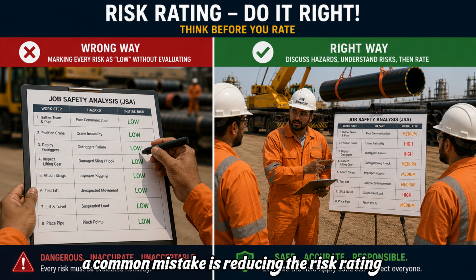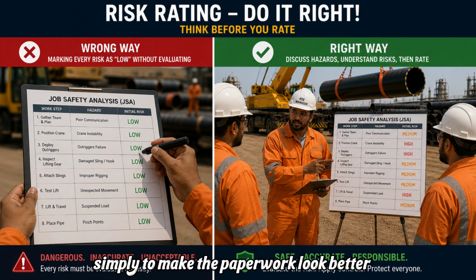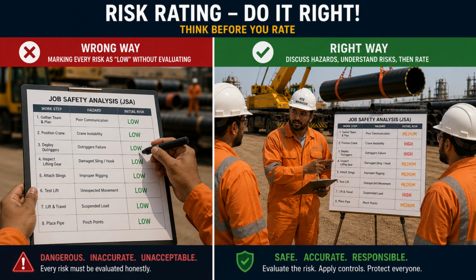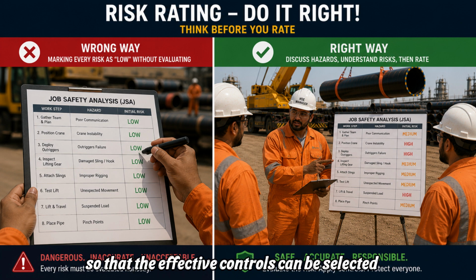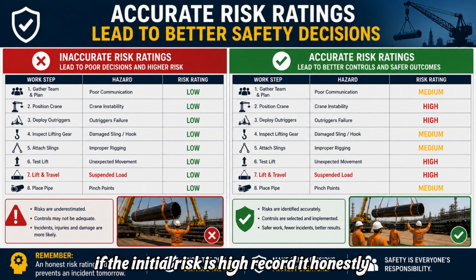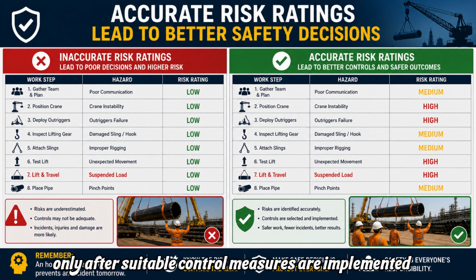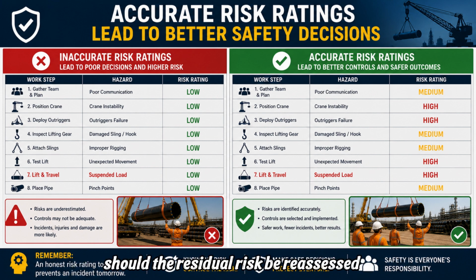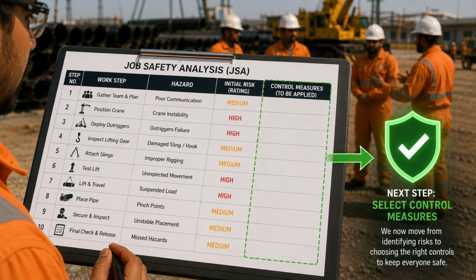A common mistake is reducing the risk rating simply to make the paperwork look better. The purpose of the job safety analysis is to identify the true level of the risk so that effective controls can be selected. If the initial risk is high, record it honestly. Only after suitable control measures are implemented should the residual risk be reassessed.